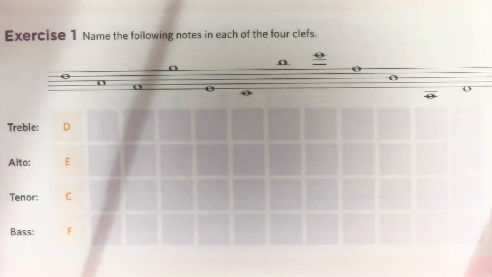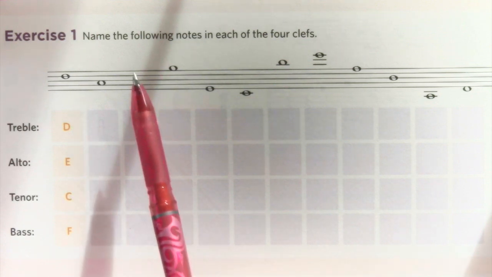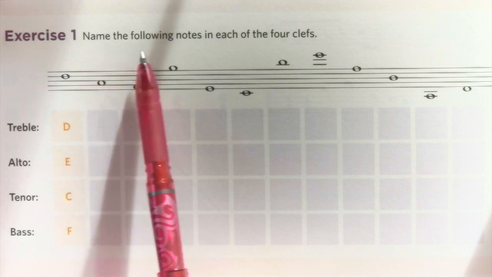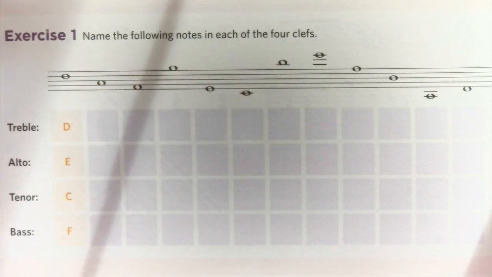Okay, so let's start with exercise number 1, which asks us to name the notes in the 4 clefs. In my previous videos, 1C and 1D, I talked about the C clefs and I gave lots of tips on how to read in all the clefs.